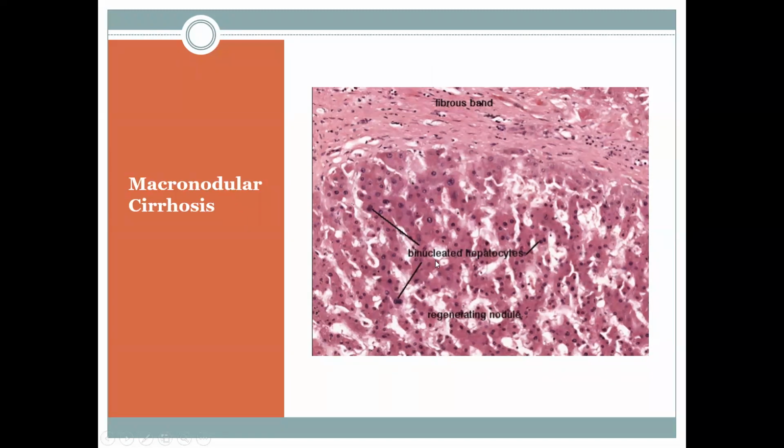Now, some of those cells are going to become binucleated as a result of the cirrhotic process. And at one point in time, this whole nodule may turn malignant.